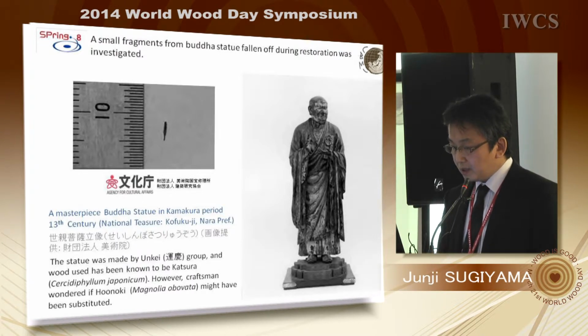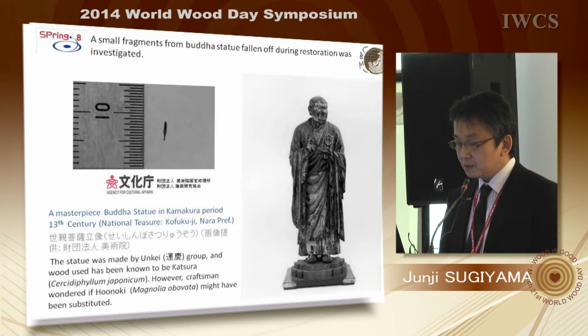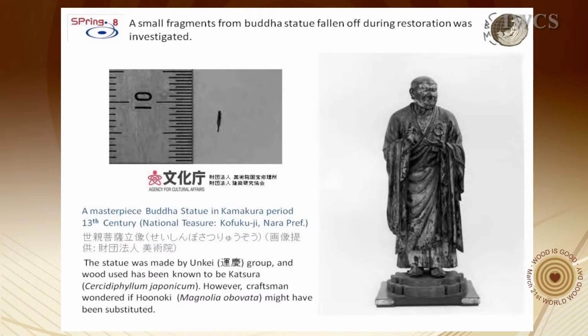So when this statue was restored, the curators collected a very small sample that had accidentally fallen from the statue. And this is the sample here. The length is about 4 millimeters, and the thickness is about 0.7 millimeters wide.